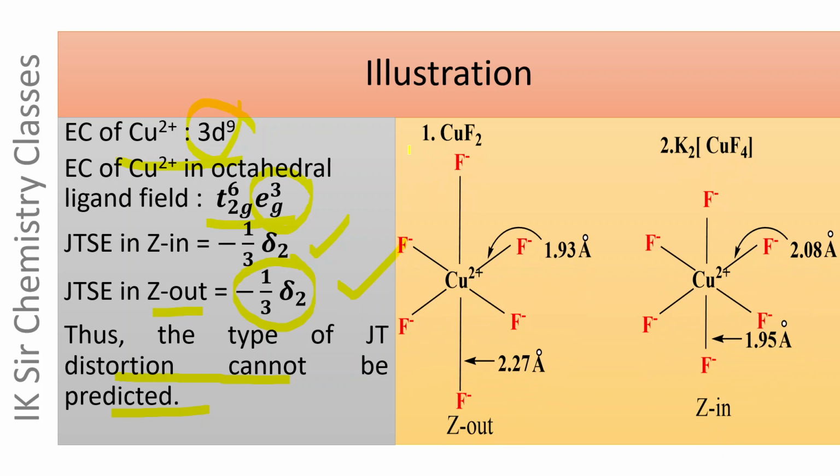In CuF2, there is Z out Jahn Teller distortion, while in a similar complex, Z in Jahn Teller distortion is observed. Thus, the actual type of distortion, Z in or Z out, cannot be predicted theoretically. The same Cu2 plus ion exhibits Z out distortion and Z in distortion in different cases.